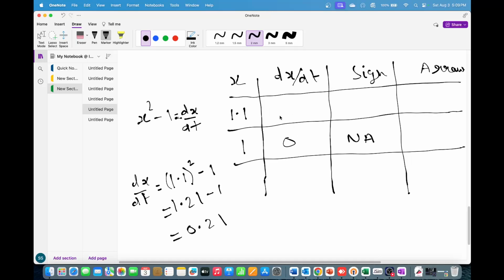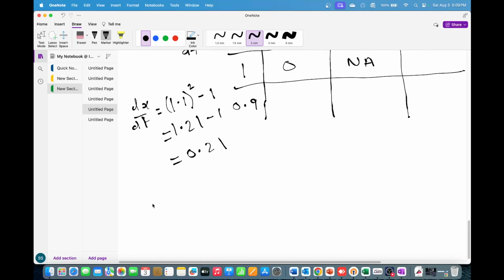So this is a positive slope. So dx/dt is 0.21, sign is positive, arrow is like this. Now let's take a slightly lower value than 1, 0.9. So dx/dt, again calculate 0.9 whole square minus 1.